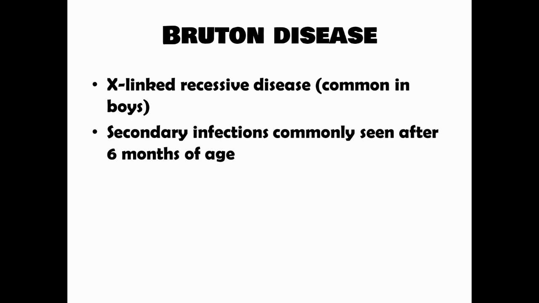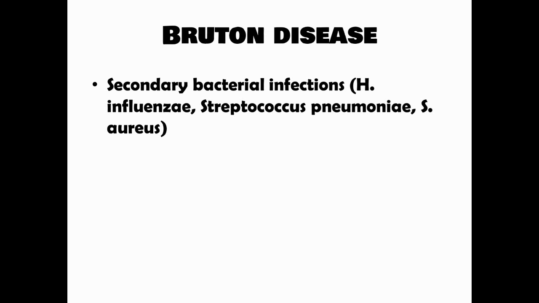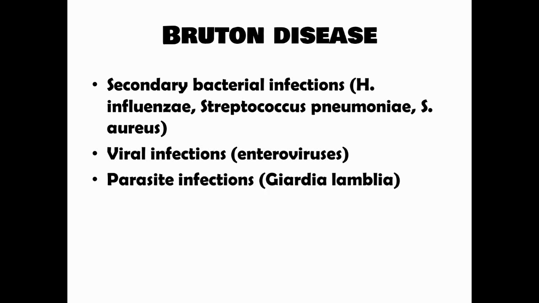Once the mother stops breastfeeding this child, the maternal antibodies start to deplete slowly, and as the child grows, there'll be a decrease in the immune mechanisms in the child, predisposing the child to various secondary infections. So these patients are more prone to develop secondary bacterial infections like those caused by Haemophilus influenzae, Streptococcus pneumoniae, Staphylococcus aureus, and a few viral infections caused by enteroviruses, and parasitic infections caused by Giardia lamblia.